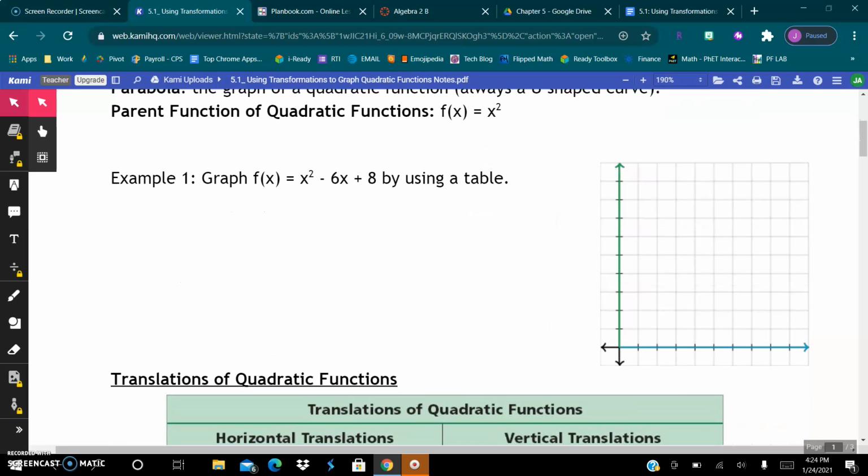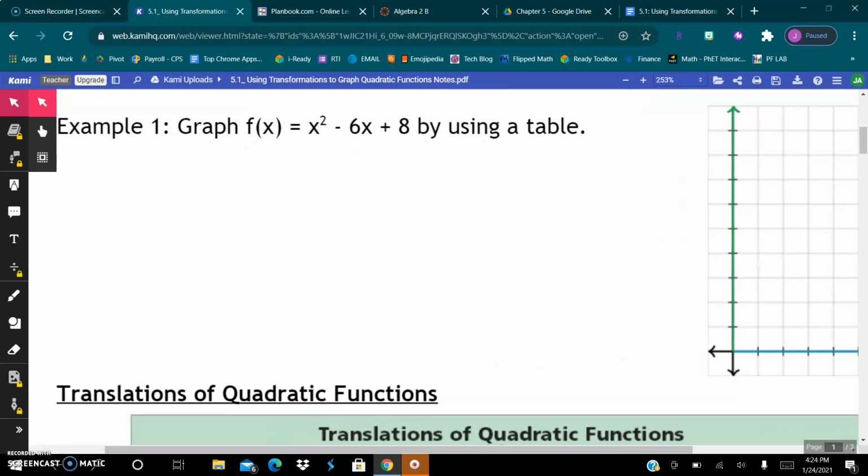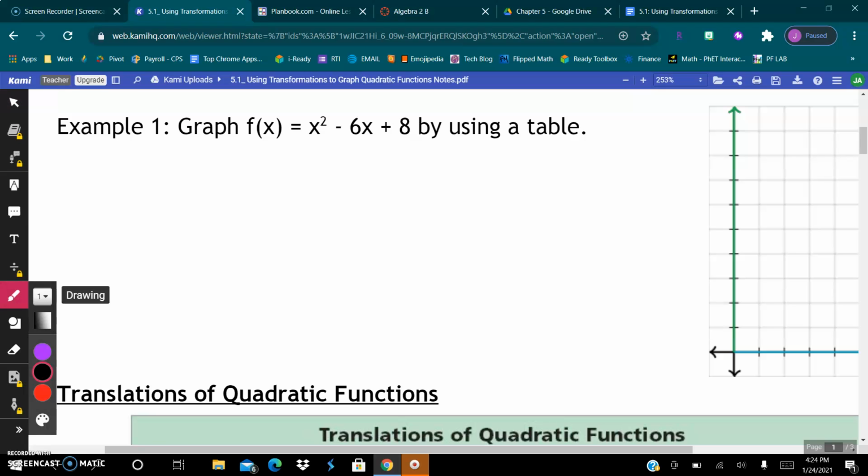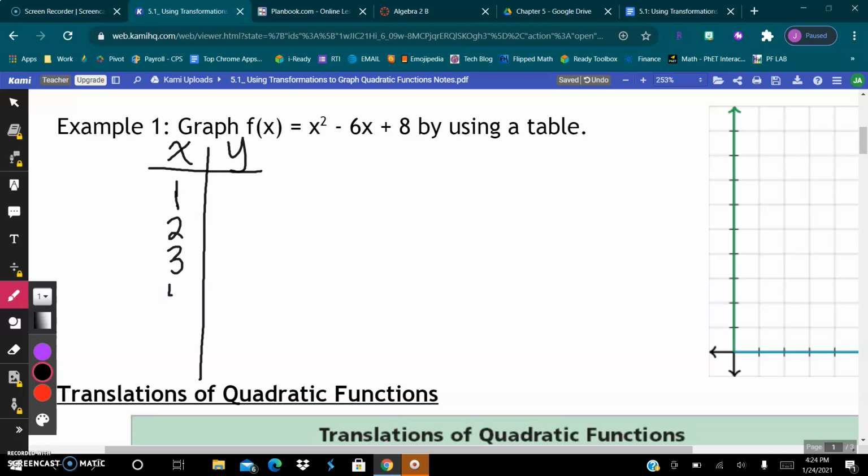So for example 1 here, they are asking us to graph f of x equals x squared minus 6x plus 8 using a table. So we are going to have to fill out a t-chart here, and we're going to plug in 1, 2, 3, 4, and 5.